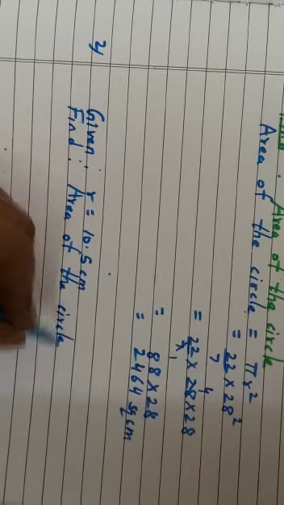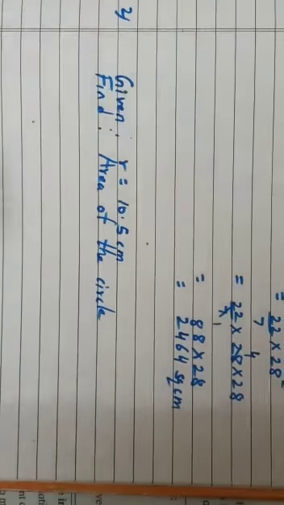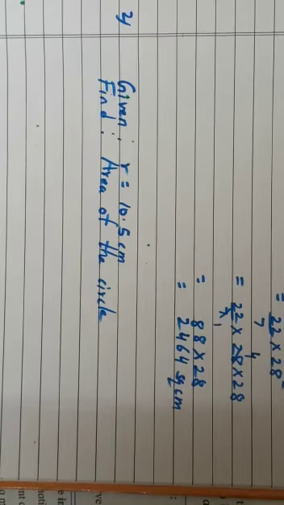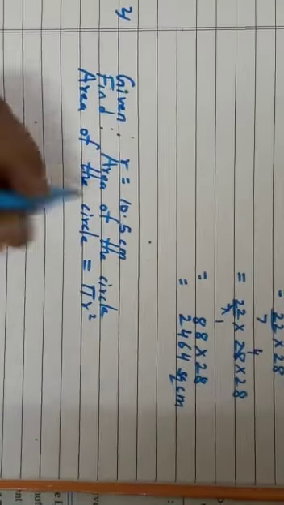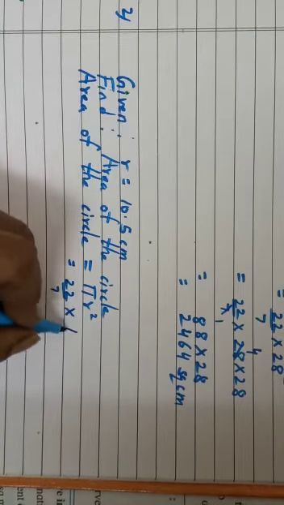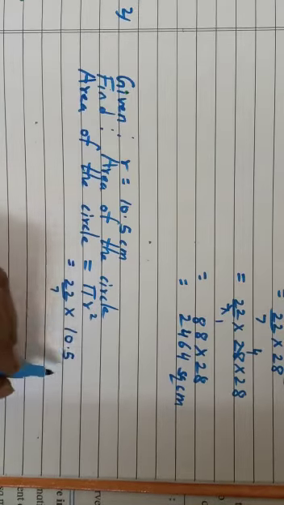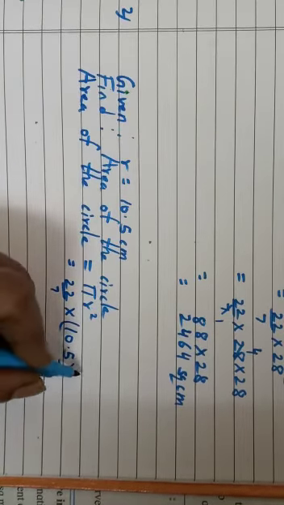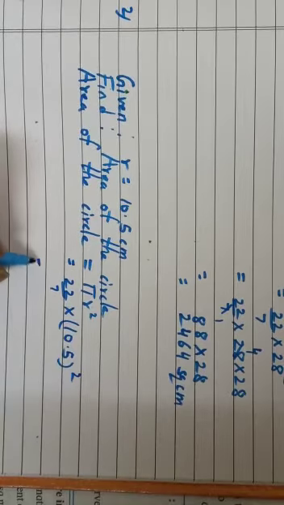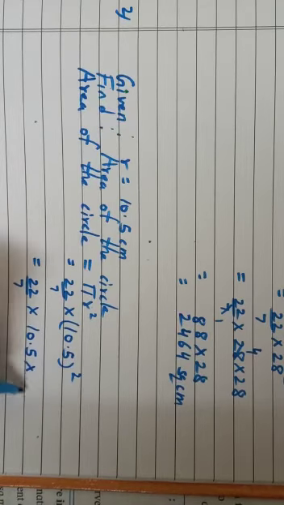So the formula for the area of the circle is pi r square. We will write the pi value as 22 upon 7 into 10.5 square, which is equal to 22 upon 7 into 10.5 into 10.5.